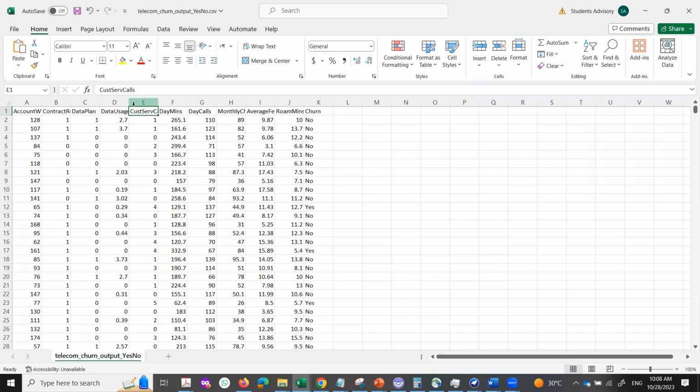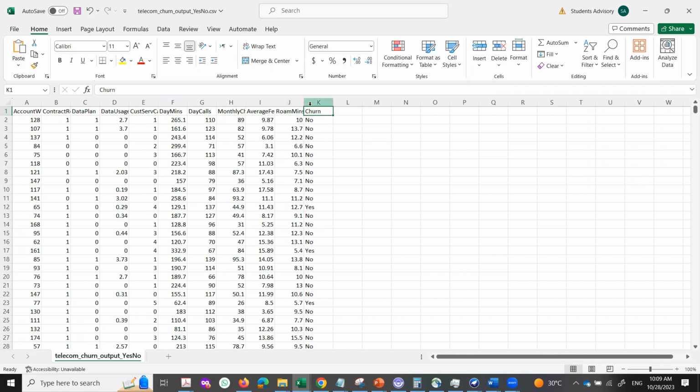So you have to think, what are the attributes that can determine the decision of a customer? The number of days, the minutes, the number of calls they make, the monthly charges, and then the average fee incurred. Is there any roaming minutes? Does he travel and use some roaming calls? Based on this, we can determine churn.